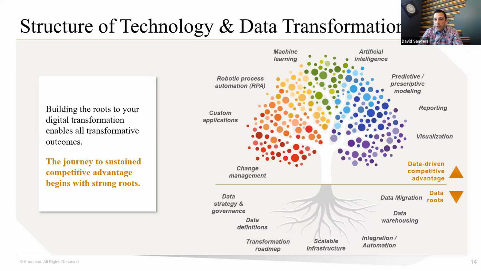The colorful stuff up at the top is the fun stuff to talk about, things people always wish they had that could be competitive advantages for them. But generally speaking, where it all falls apart is that people don't have their house in order at the foundation or the roots level, right? This is where you might have 4 different systems and you've got data that should match across systems, and it almost matches across systems.